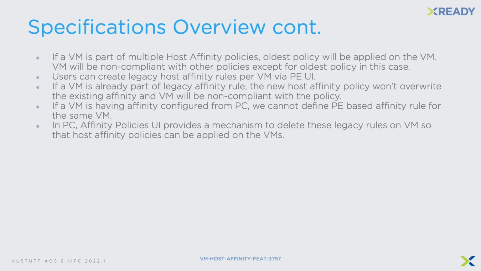If a VM has a rule configured in Prism Central, then once that's applied, if a user went to Prism Element and tried to configure the rule, that would be blocked for them because it knows that one exists in PC, which is the new preferred way. In Prism Central, the Affinity Policies UI will provide a mechanism to delete these legacy PE rules on that VM so that when you apply it, everything will become compliant and it can do its job.